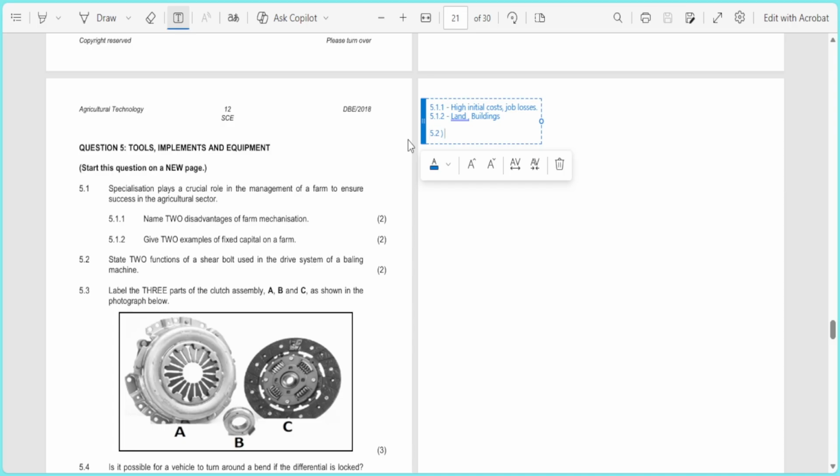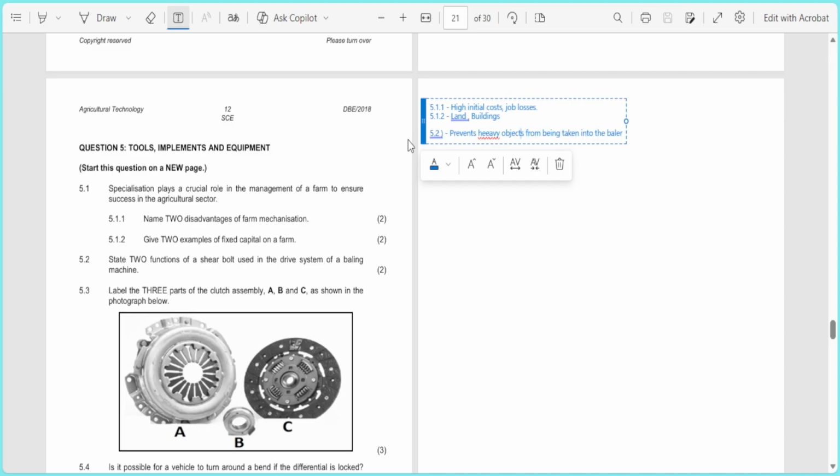So they just need two functions here. Two functions. So this normally prevents heavy objects from being taken into the baler.